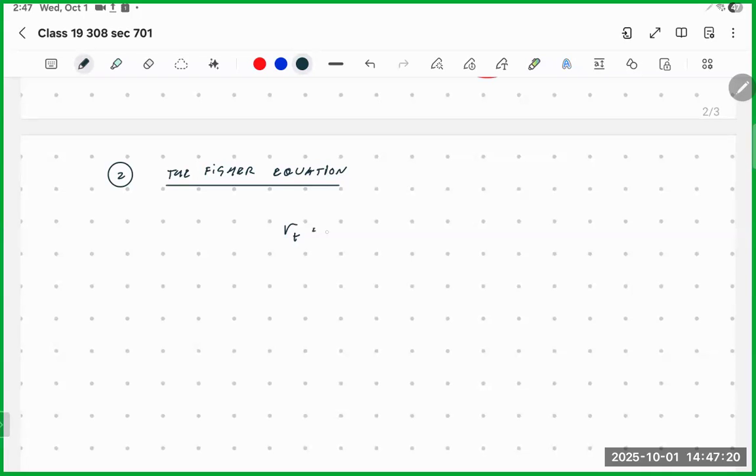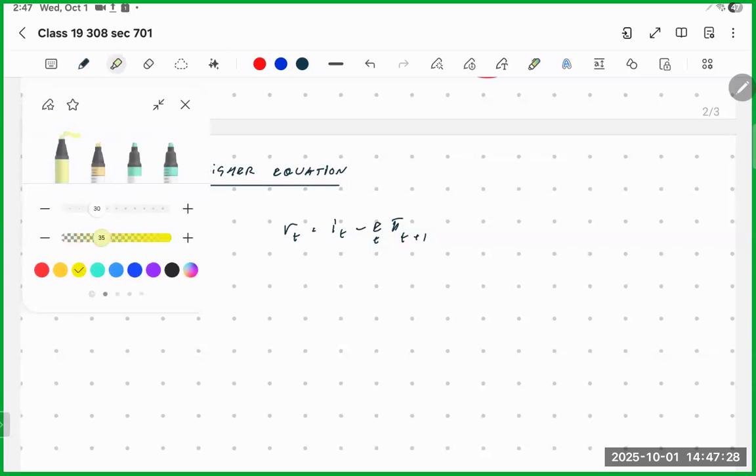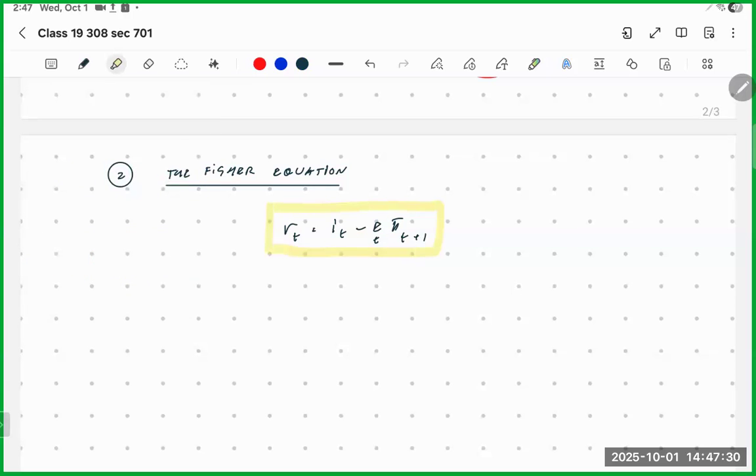We have r_t equal to i_t minus E_t pi_t+1. r_t is the real interest rate today. i_t is the nominal interest rate today.